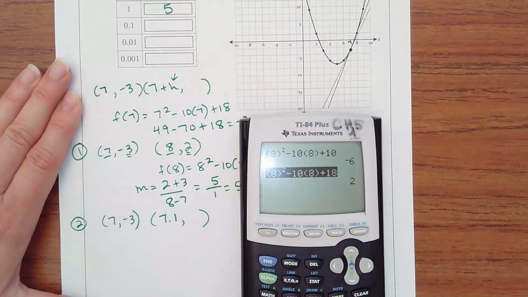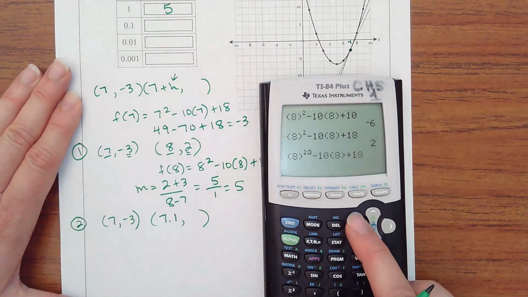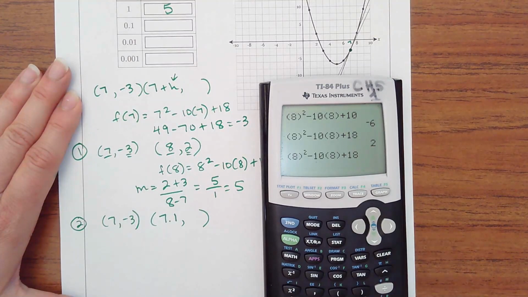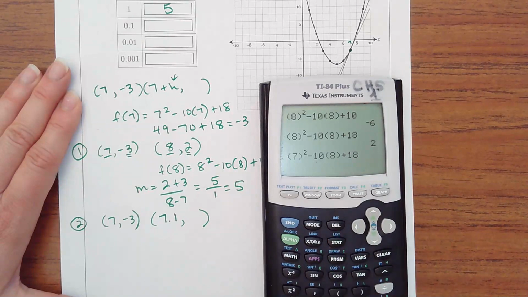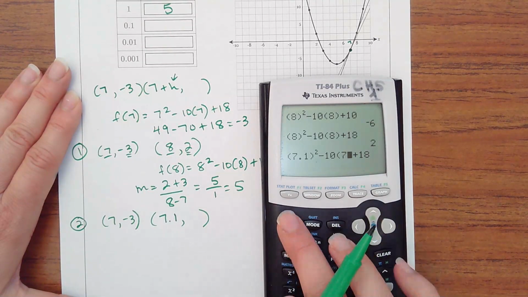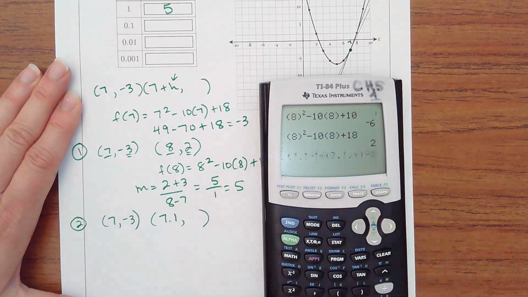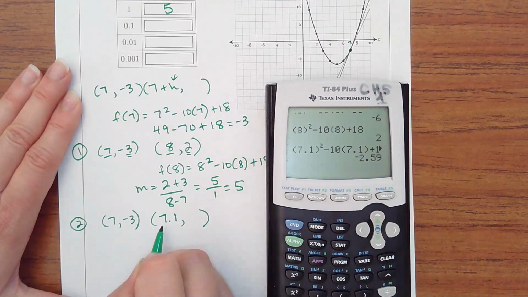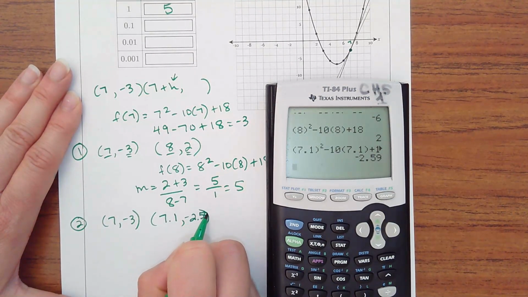I'm going to select it, and everywhere that I had 8, I'm going to change that into 7.1, and then plus 18. So that tells me that when x is 7.1, my y value is -2.59.